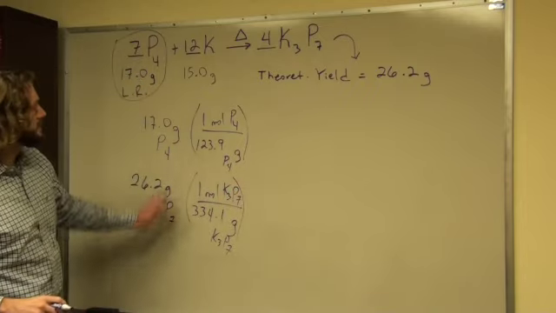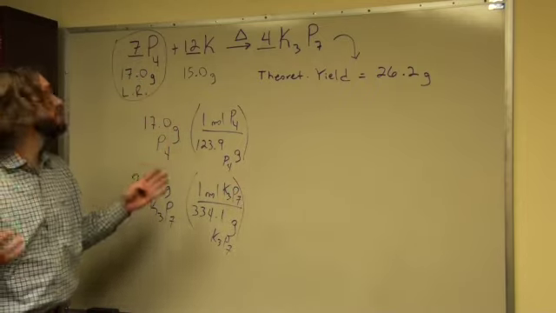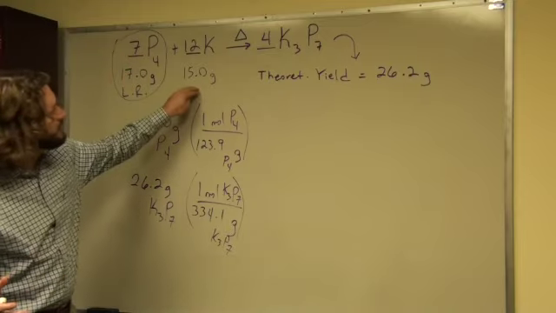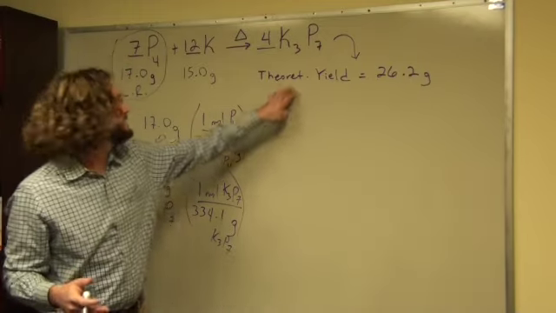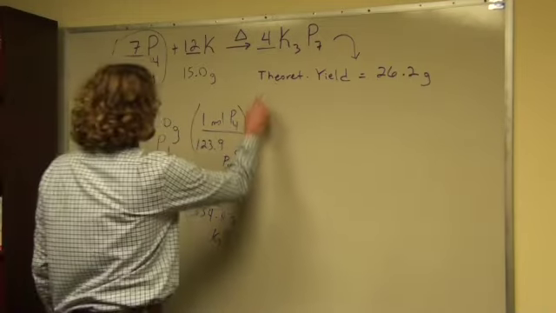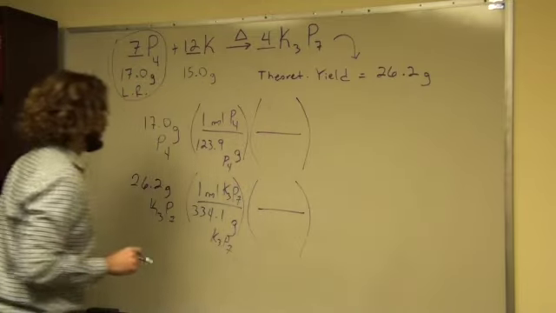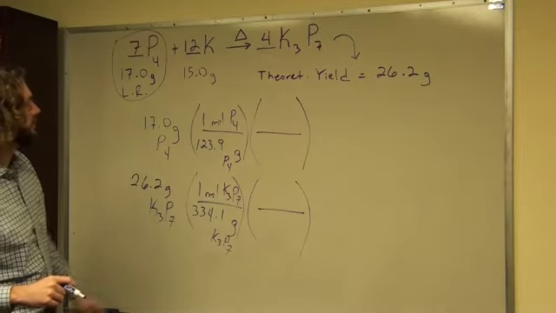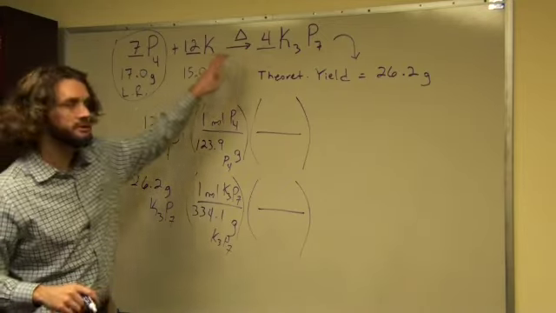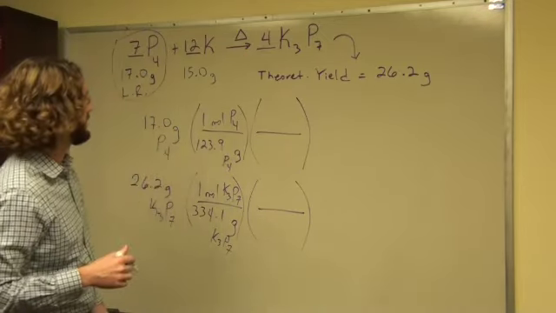Now, all we've got to do is take our mole ratios to bridge between either limiting reactant to potassium or K3P7 to potassium. So we'll set up another bracket, like we do when we do dimensional analysis. I just need the mole ratios, which are going to be the coefficients in the balanced equation.